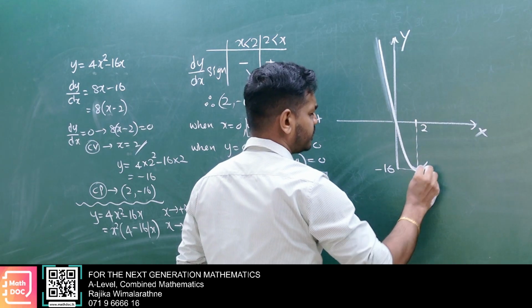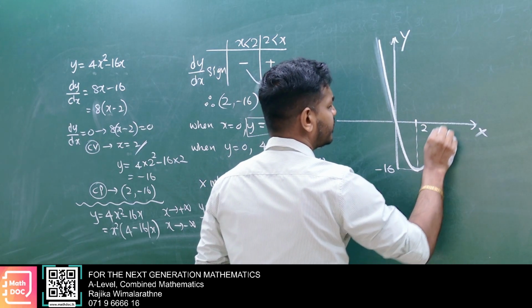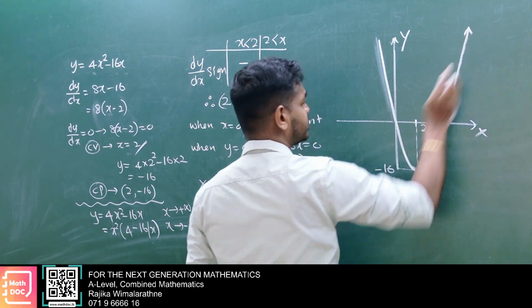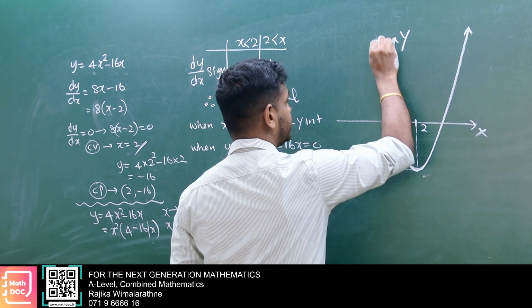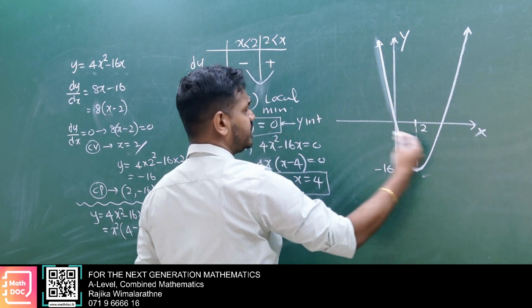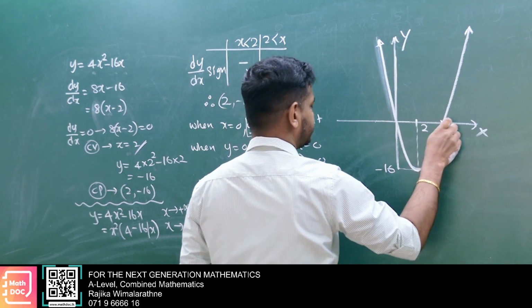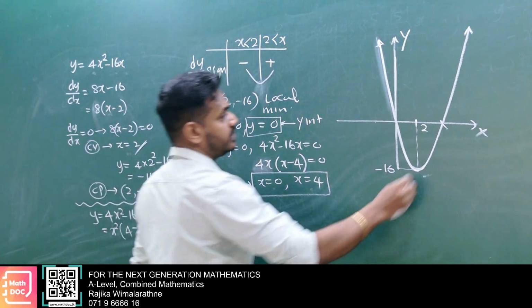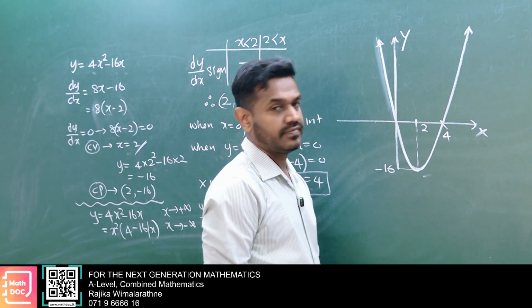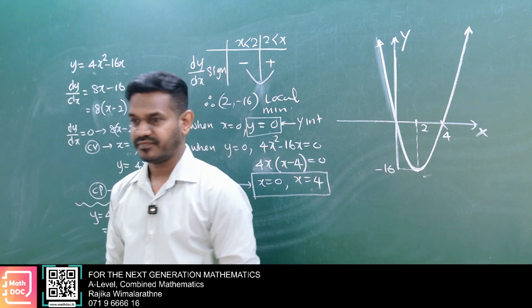Minimum shape passing through the origin. Then as x goes to plus infinity, y goes to plus infinity. As x goes to minus infinity, y goes to plus infinity. Then x-intercepts are 0 and 4. Here this will be 4. That's how we sketch.